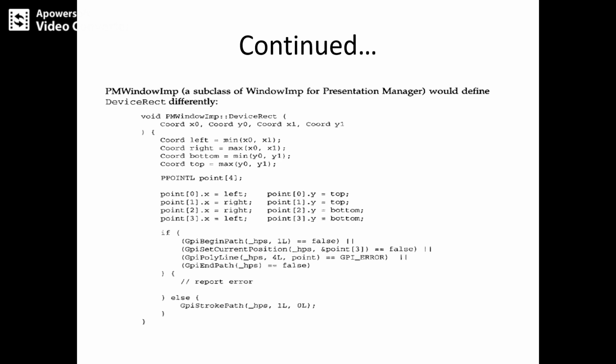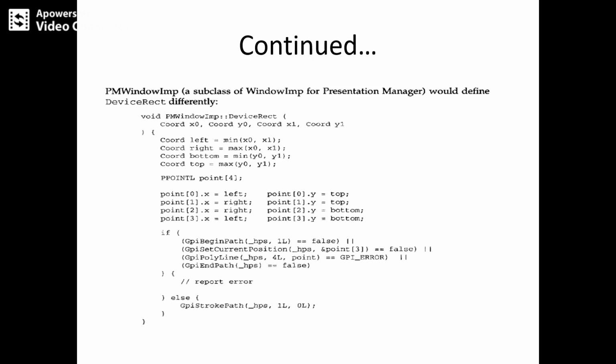Top and bottom. There is also a condition we need to take: whether begin path equals false, so we use that conditional statement here. And if there is a report, an error will be reported, else we will get the HPS, 1L and 0L.